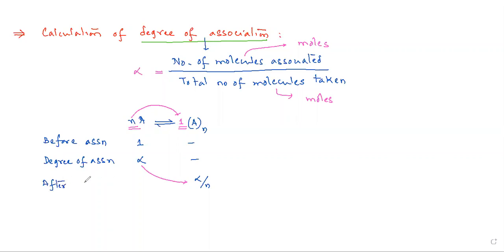So after association, if you observe, it will be 1 minus alpha in case of the reactant and alpha by n in case of the product, right? Now we know that van't Hoff factor i is the number of particles after association or dissociation by before association or dissociation.